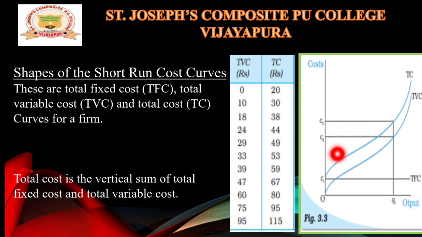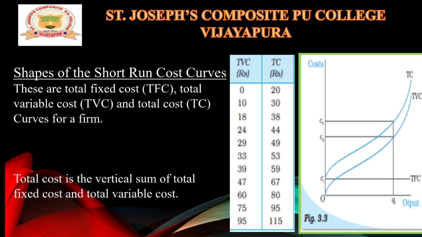This is TC, total cost. This is TVC, that means total variable cost. And what about this one? This is TFC, total fixed cost. Why is it like this? Because TFC is a constant.